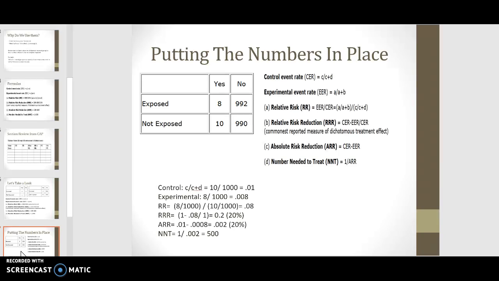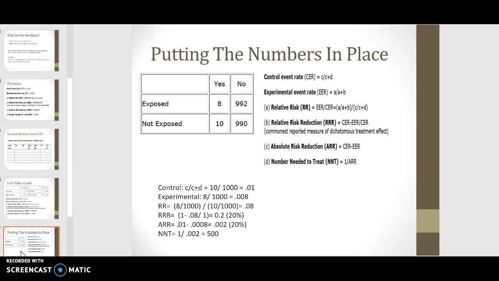Now, the absolute risk reduction would only be 0.002 or 0.2%. So that would mean that in order for us to see an effect, we would need to treat 500 patients. Okay?